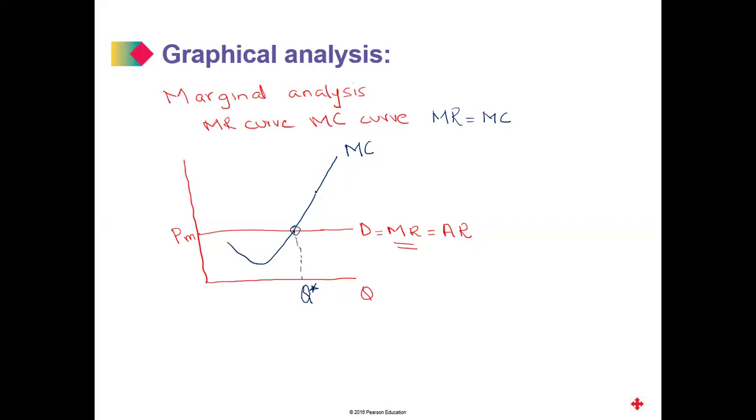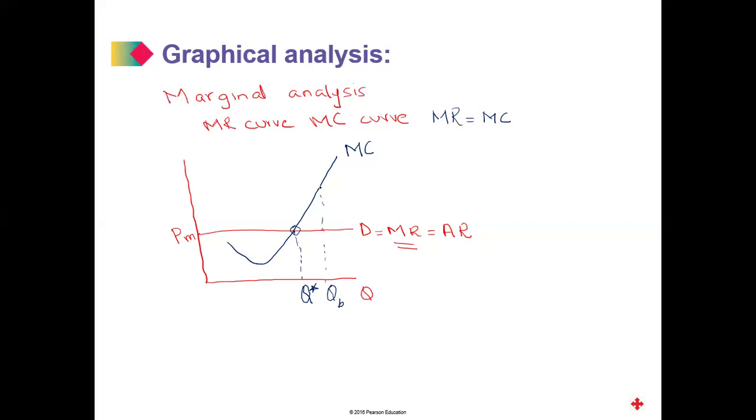If I choose any point after this, for example, over here, I can call this QB. At this point, you can see that the marginal cost is greater than marginal revenue.